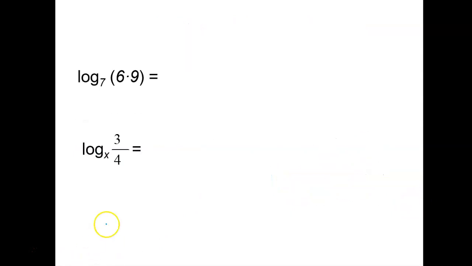Next slide. So just a couple examples to try. This one is multiplied. 6 and 9 are multiplied inside. So I know I could write this as two separate logs using the same base as that one with addition between the two logs. So if I see multiplication on the inside, I can write it as two separate logs added together.